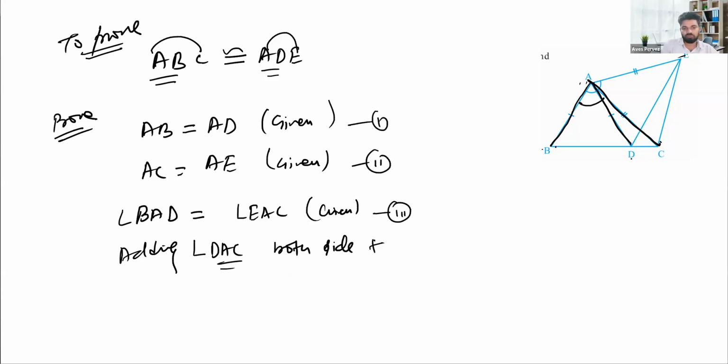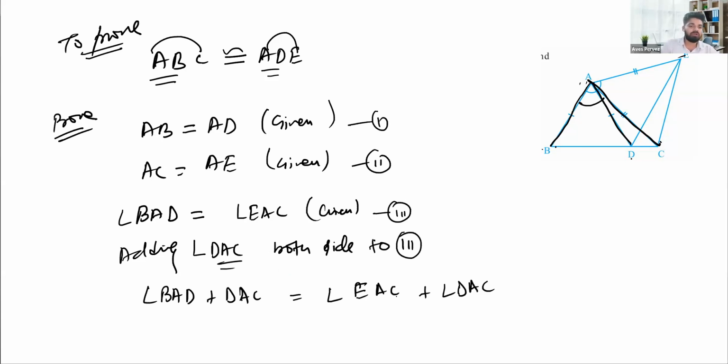So we write angle BAD plus DAC is equal to angle EAC plus angle DAC. When equals are added to equals, the results are also equal.